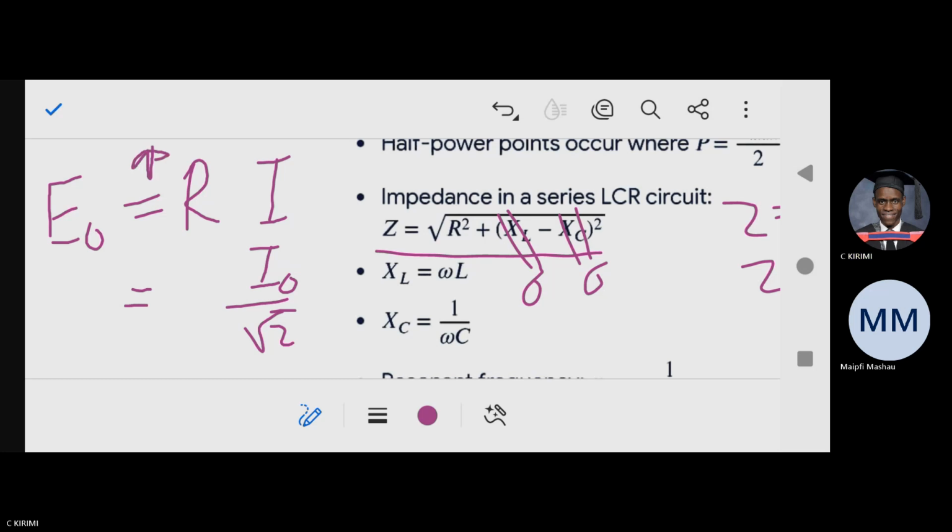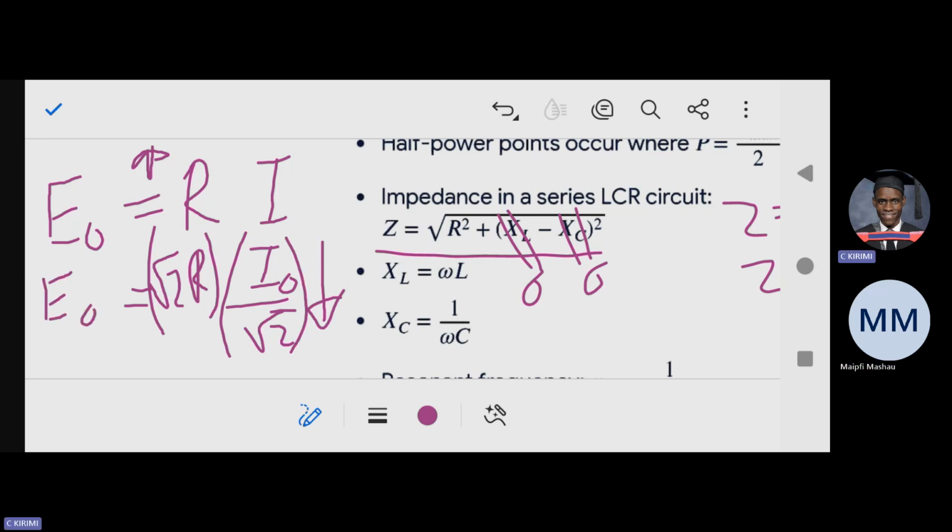If you divide by a number, this here is dropping, then the resistance must increase. So you are also going to multiply by the same reduction, which is root of 2 multiplied by R, so that the value of EMF stays the same. So E naught is going to stay the same. Why? Because this and that will cancel. The same reduction on the current was the same increase on the resistance, so it was not having any effect.